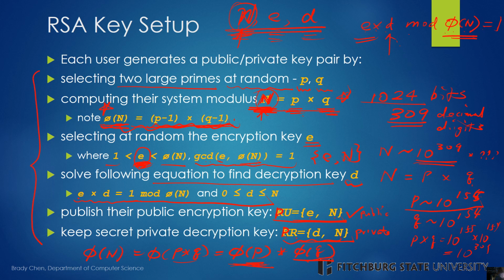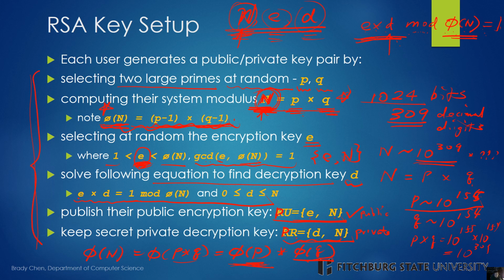That means E times D modulo phi of n is 1. This is so important. This is how, for each user, we find a value N, a value E and a value D, which make the public key and the private key.